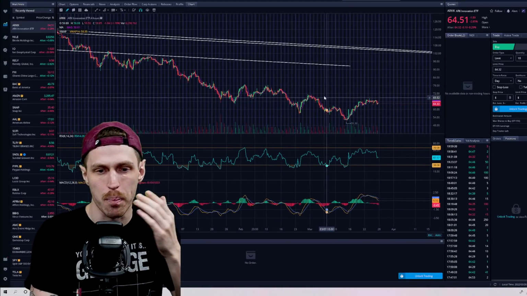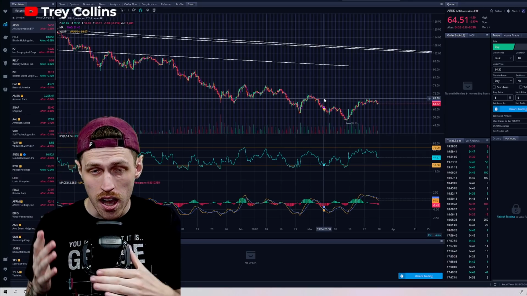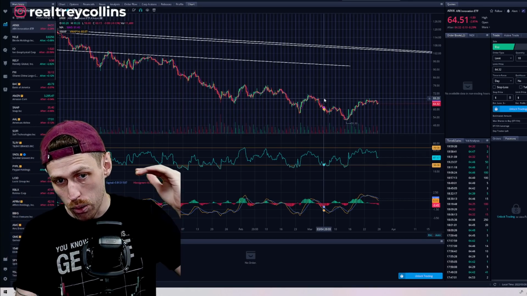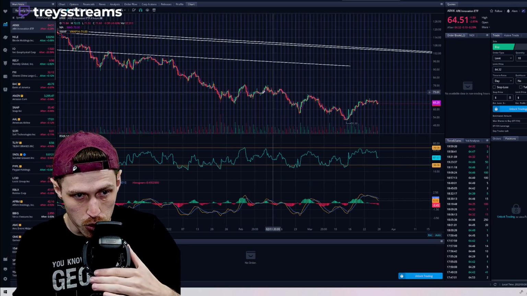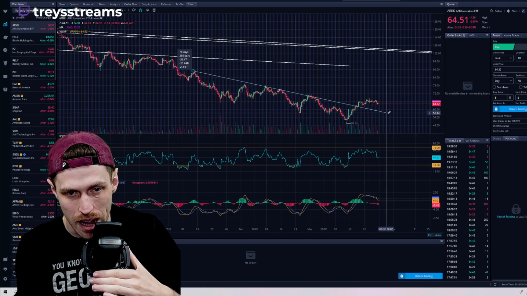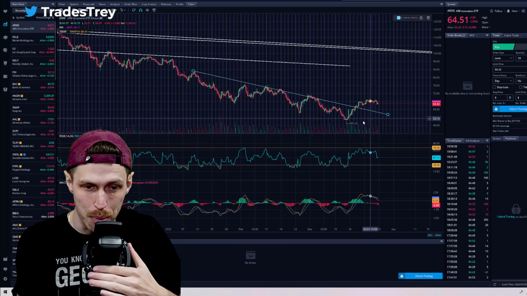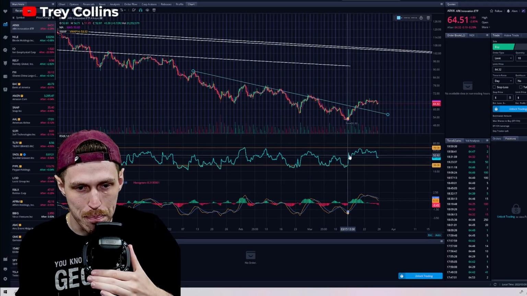Now, the most useful part of the RSI to me is when you see a divergence of the RSI alongside price action, which we are going to dive into as we continue on. For example, you see that we have this downside level of resistance, which I'm going to explain in a little bit, but at the same time, the RSI is starting to get some form of a bounce right here, right?